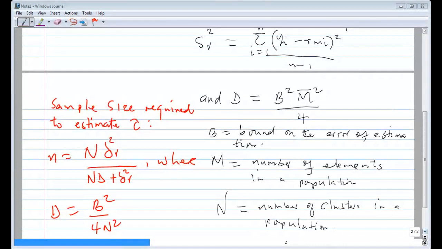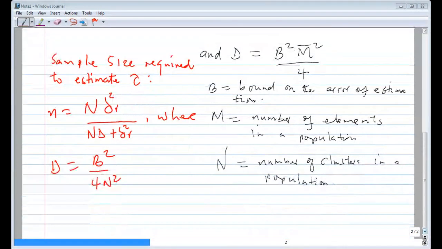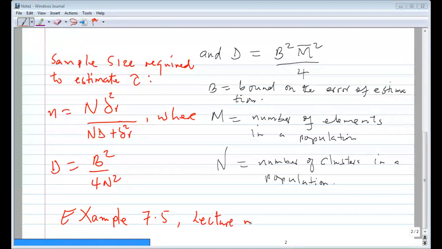Let me just write it down. It's example 7.5 on our lecture notes, page 60.